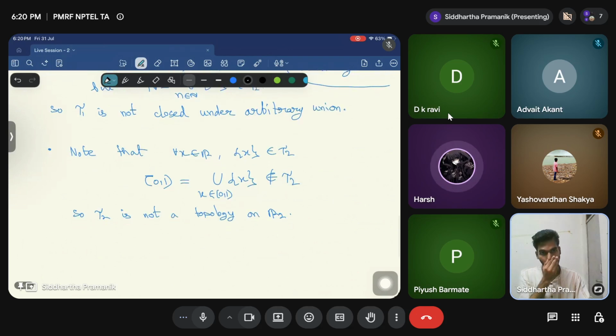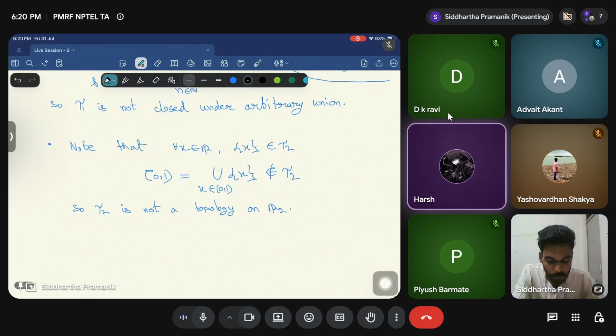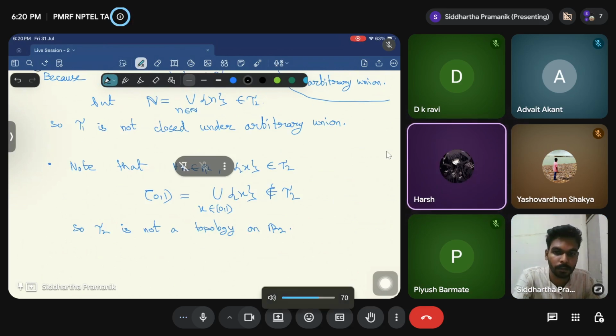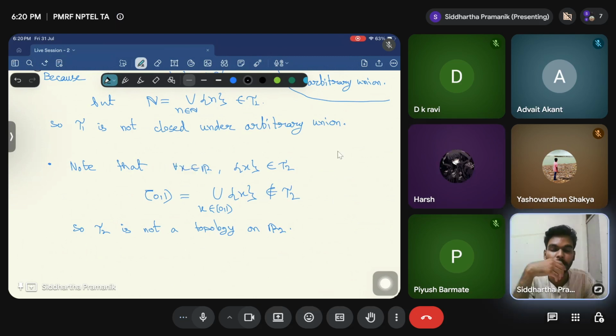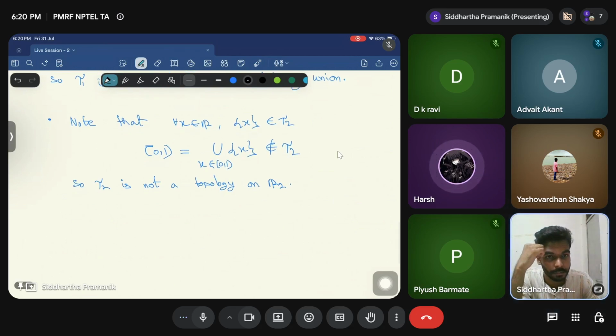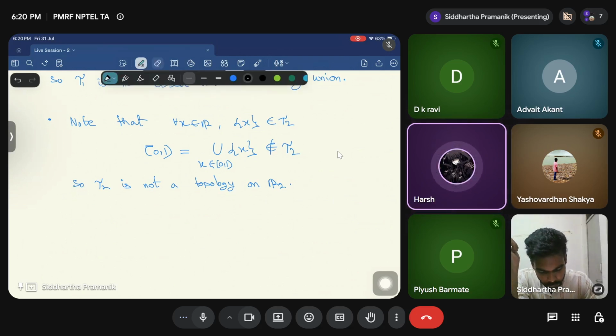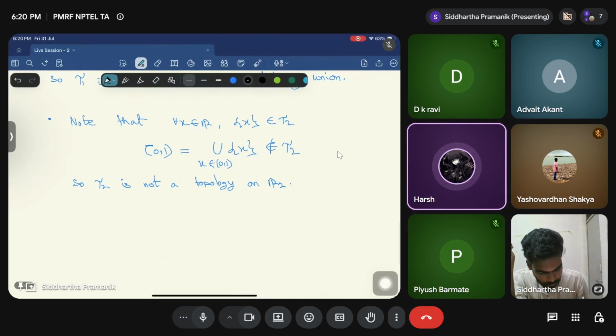So I have another example for tau 2. If we take the set of irrational numbers, R minus Q, then R minus Q should be in tau 2, because the complement is the rational numbers, so that is countable.